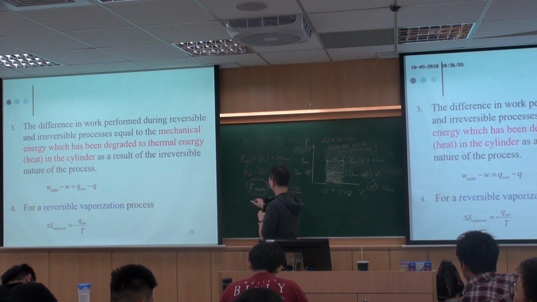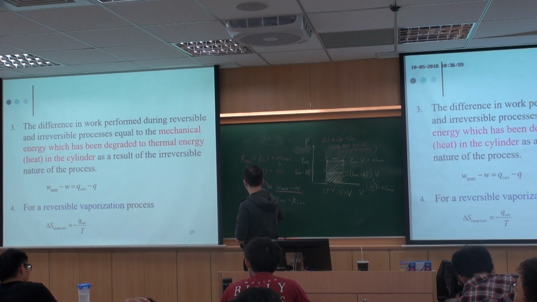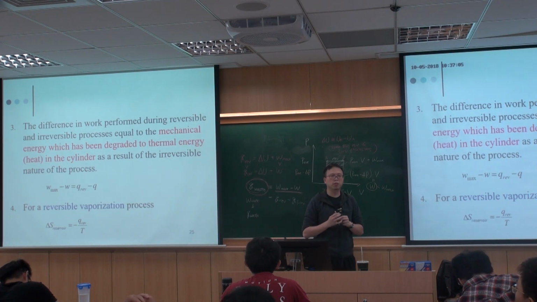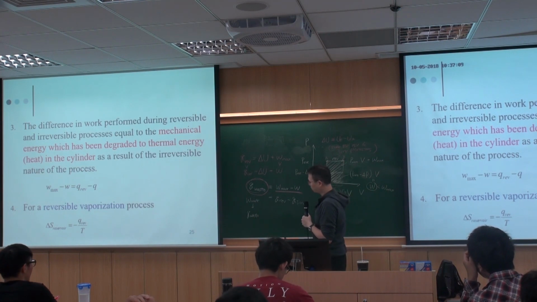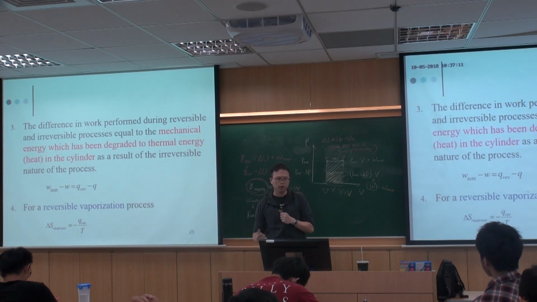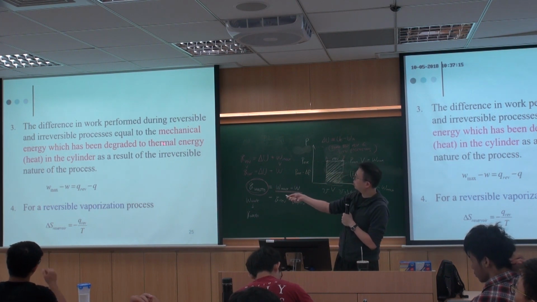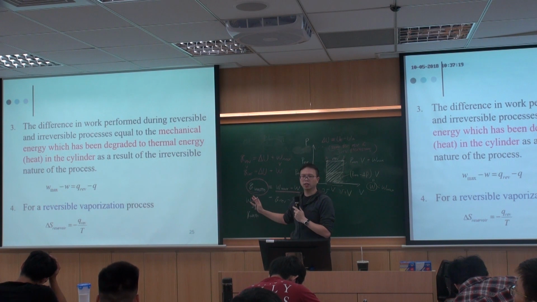Or you can say this is work waste. That turns into Q waste. So originally it was mechanical energy. But due to the irreversible process, it was turned into thermal energy in terms of heat. So that amount of work has been degraded.